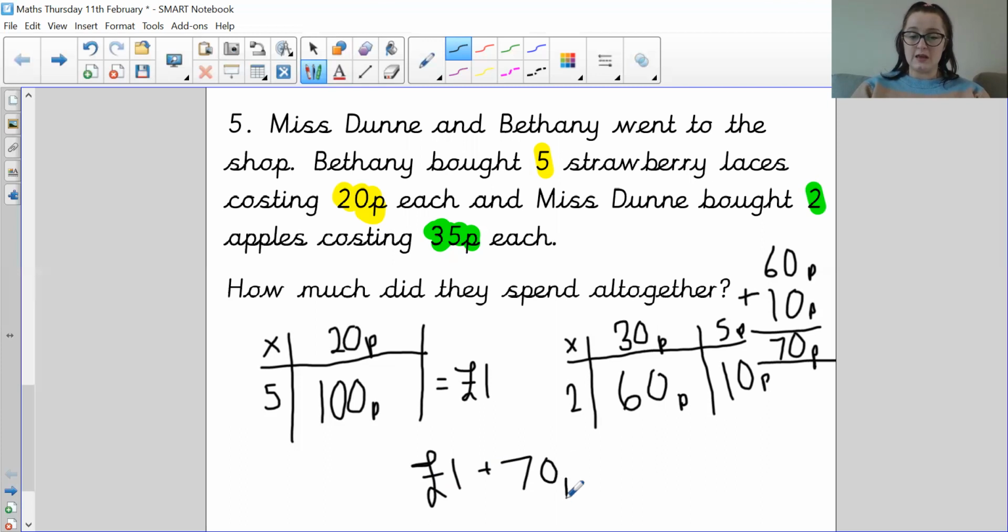I could do this in my column addition, but I can do that one just in my head. So £1 add 70p would be £1.70p. I hope that makes sense, year 3.